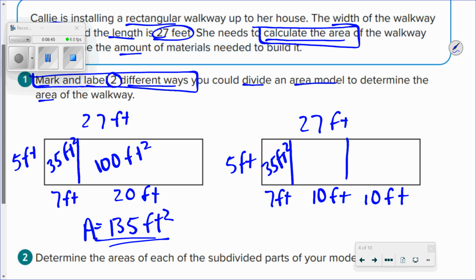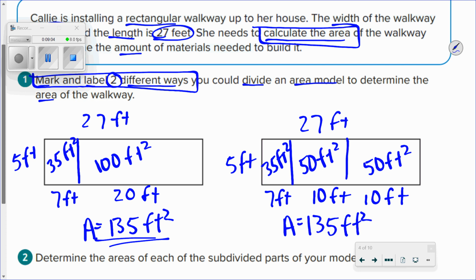Is it easy to do 5 times 10? Yes. Well, you already said yes once, so I'm assuming 5 times 10 is still easy, right? Once I have it, what's 50 plus 50? 100. Plus 35? Look at that. I got the exact same answer, didn't I? Does that make sense to everybody?